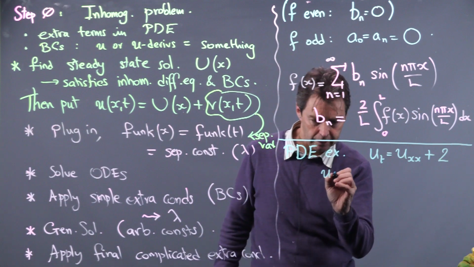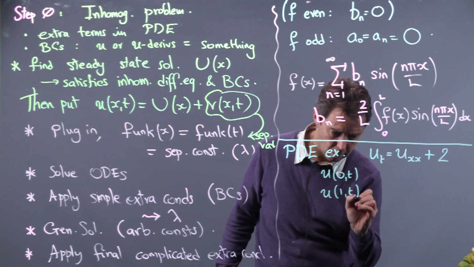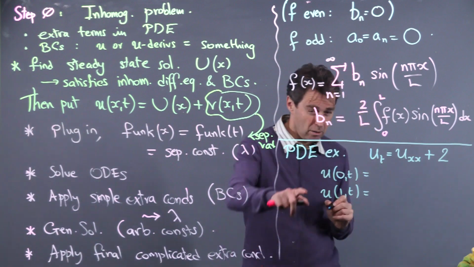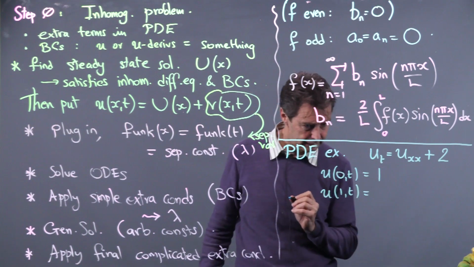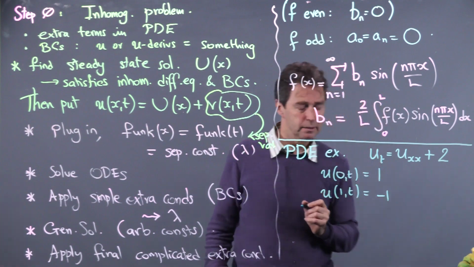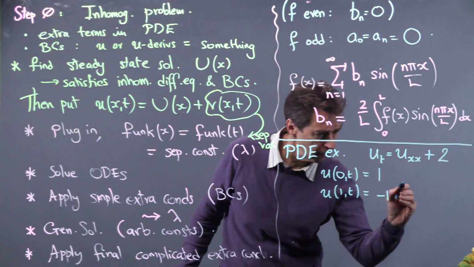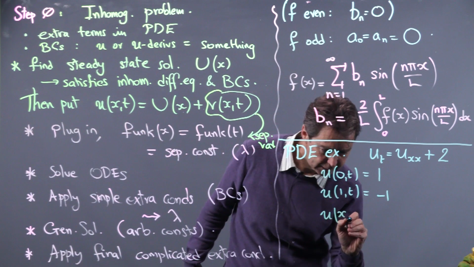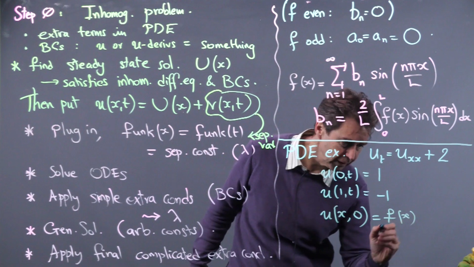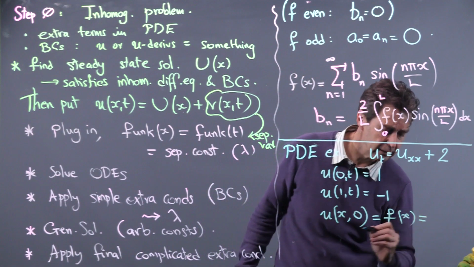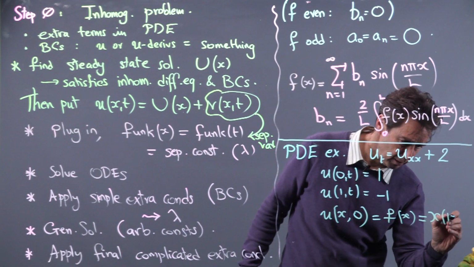Then I'm going to say that at 0 and 1, I have certain boundary conditions on u, and those boundary conditions are that u is 1 at x is equal to 0, and it's equal to minus 1 at x is equal to 1. On top of all of that, I'm going to say that u at t is equal to 0 is going to be some given function f of x, and just by way of example, I will choose x times (1 minus x).